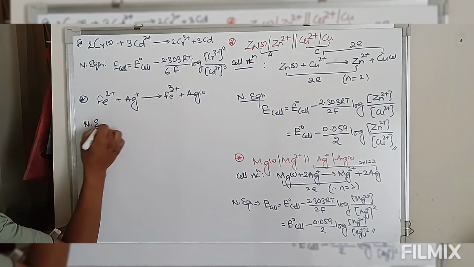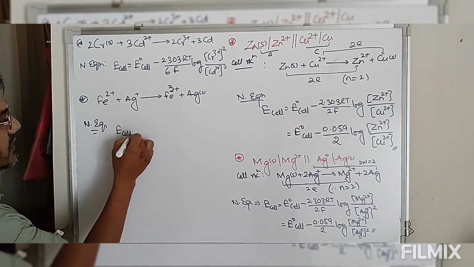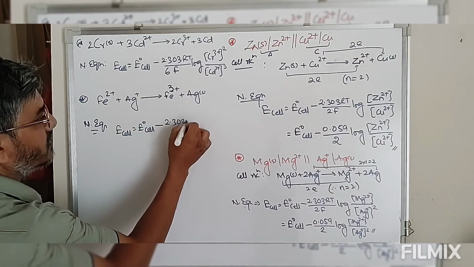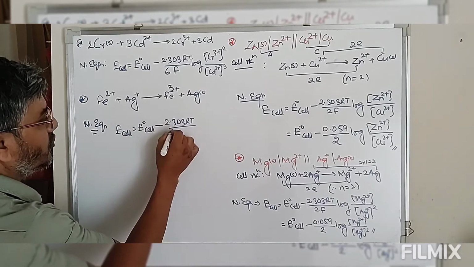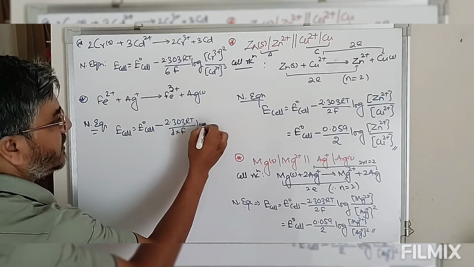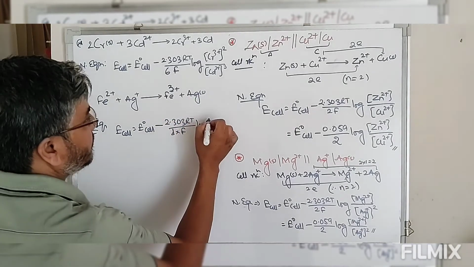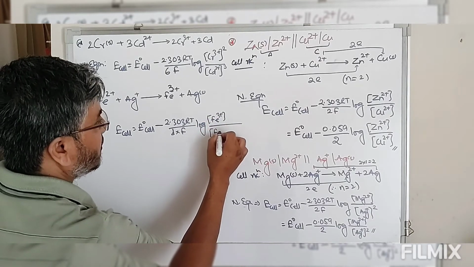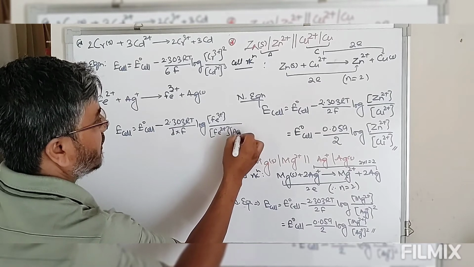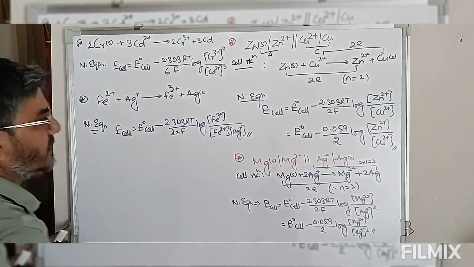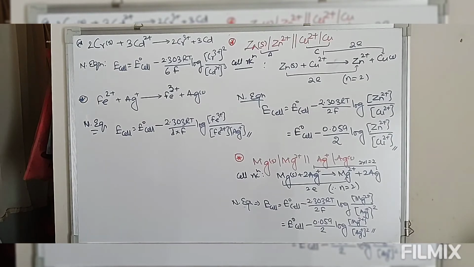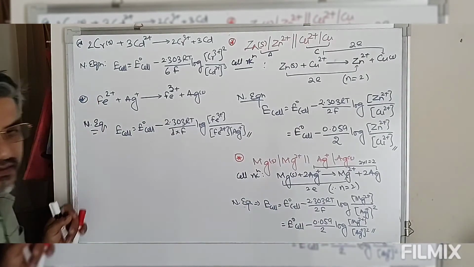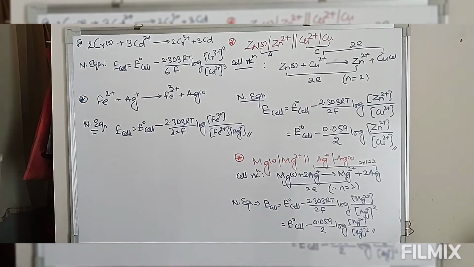So therefore the Nernst equation is E cell is equal to E naught cell minus 2.303 RT by number of moles of electron involved, which is 1, into Faraday constant F, log. This is solid, so we have to ignore this. Concentration of Fe plus 3 divided by concentration of Fe plus 2 into concentration of Ag plus. This is the Nernst equation. If this is at room temperature condition, we can replace this by 0.059. So this is how we write down the Nernst equation from a balanced cell.